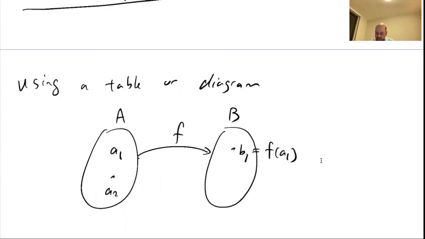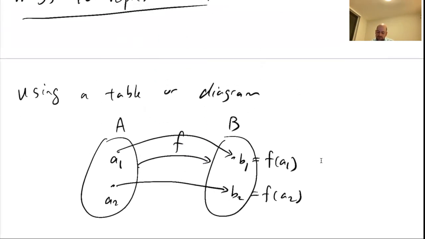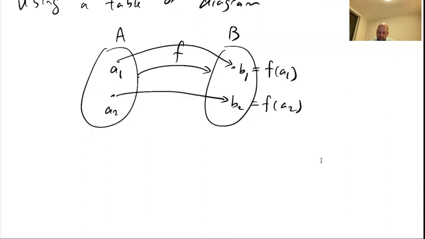And then let's say we have A2, which goes to B2, which is F of A2. And so on. So when we say F of A2, it means the output corresponding to the input A2. So when you say F of X, X is the input and F of X is your output. So you can use a table or a diagram like this.